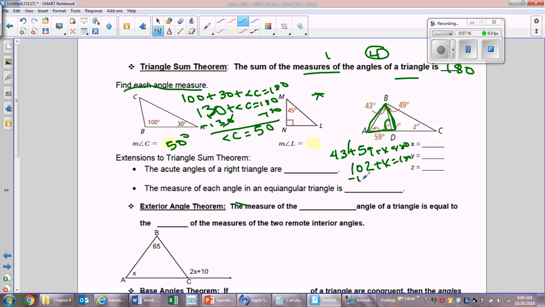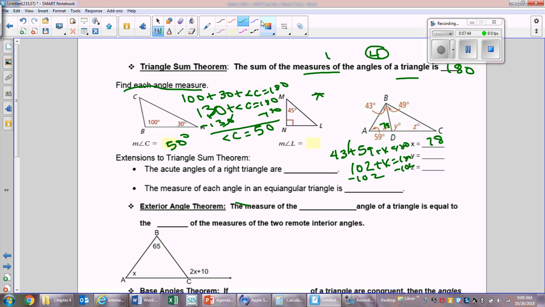So when you subtract 102 from both sides, you would get 78. Okay, so that's going to be the measure of angle x. So I'm going to erase this so that we can kind of see what we did. Okay, so now I got the measure of angle x equals 78. So I got this to be 78.